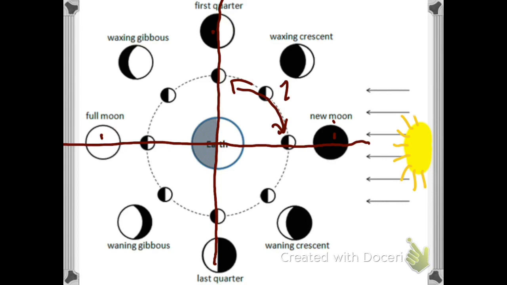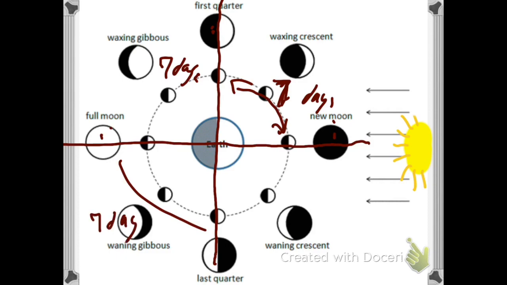So it's about 1 week or 7 days to go from the new moon to the first quarter, which means from first quarter to full moon, 7 days. From full moon to last quarter, 7 days. From last quarter back to new moon, 7 days.